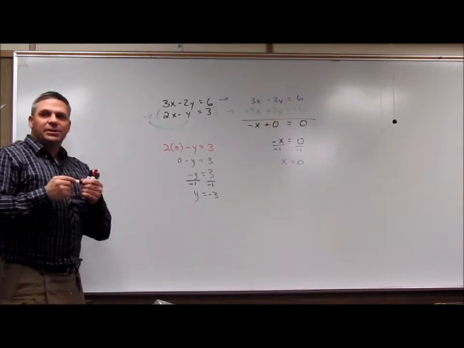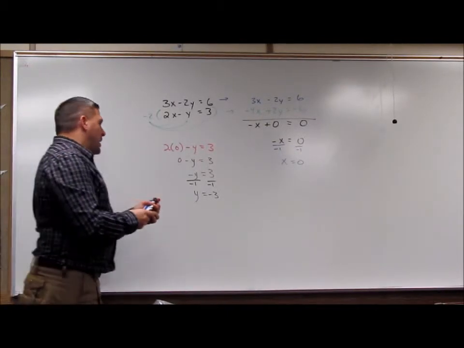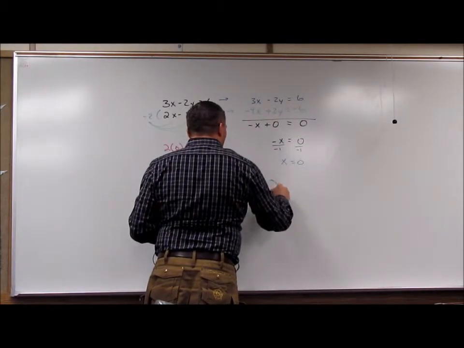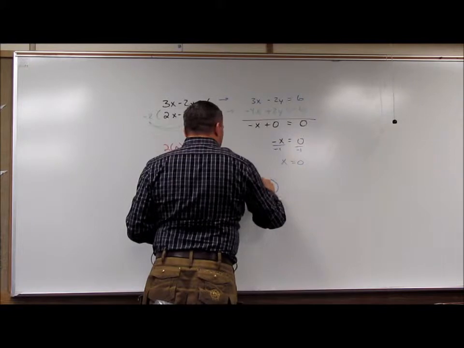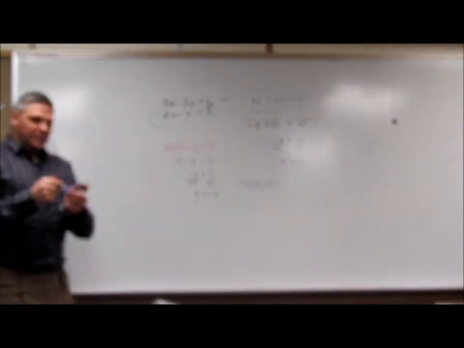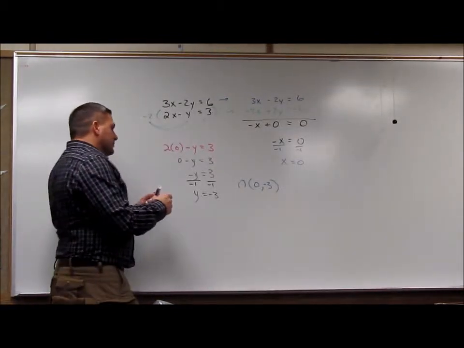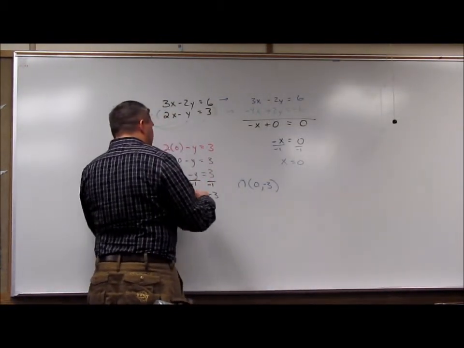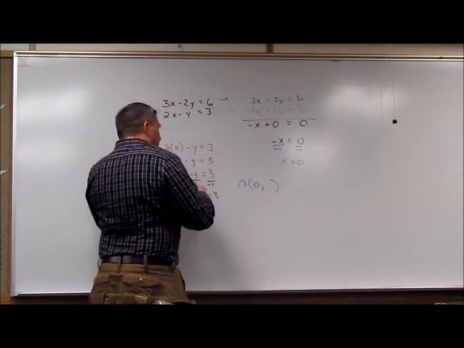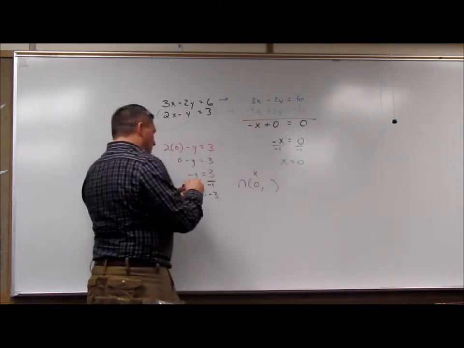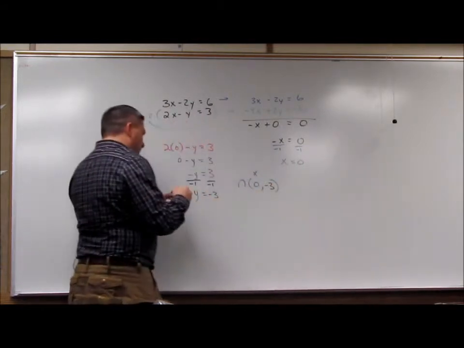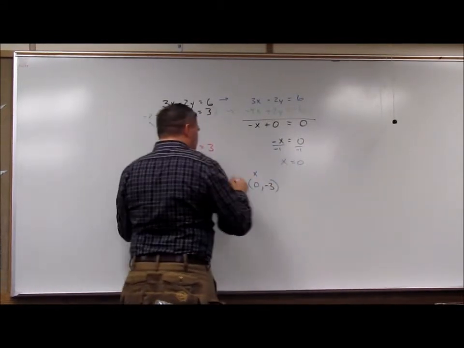And with these two, we can create the intersection at 0, negative 3. And you have to be careful how you write that, because you have your x, and the way I'm going to do this, you have your x in blue, and you have your y in black, and then I'll put the rest in red.